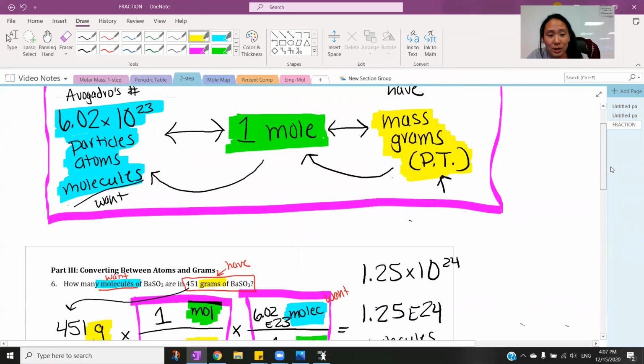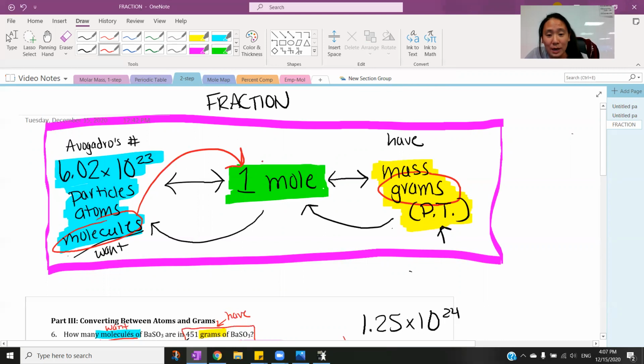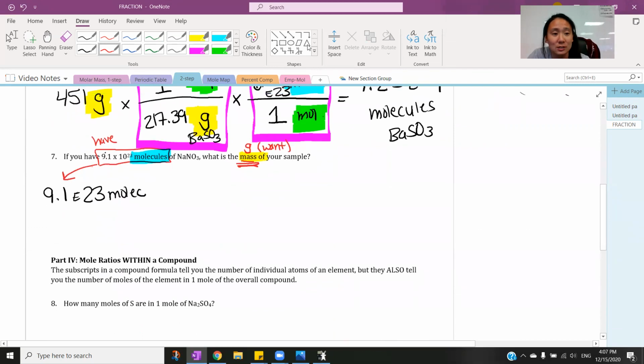The word molecules is here, the word grams is over here. I can't skip, so I have to make a pit stop at moles before I convert to grams. So it still takes me 2 train stops to get to the answer, so I need to write 2 conversion fractions, because that's how many times it takes to convert my answer.